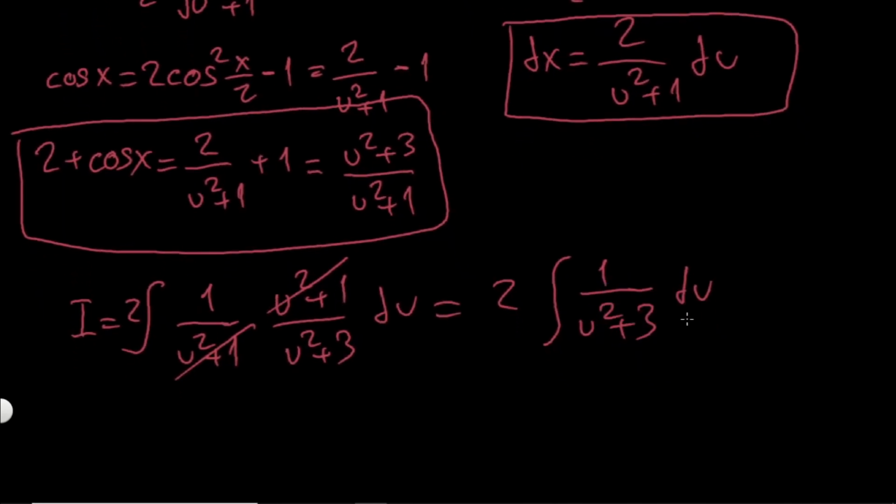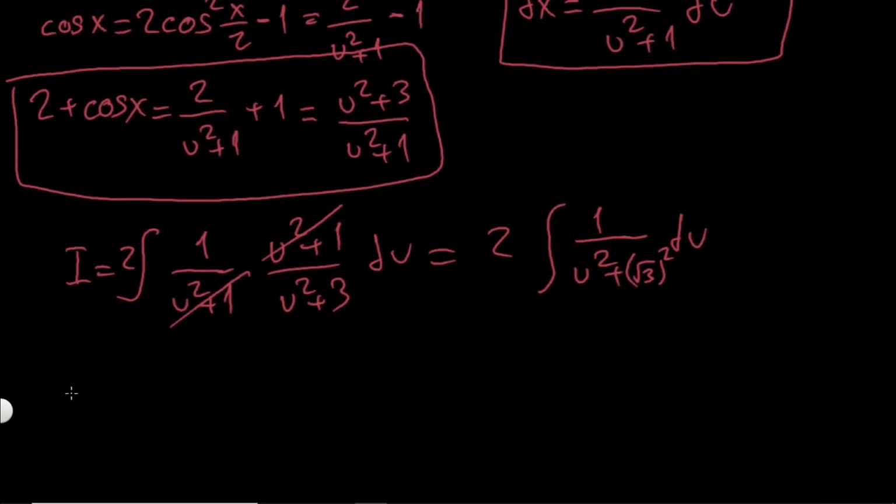Here you can either directly say this is the square root of 3 squared, and directly use the arctangent formula, or you can make a substitution. You can divide both sides by square root of 3 to get it in the form 1 plus something squared.